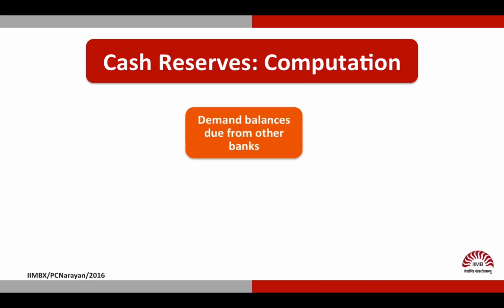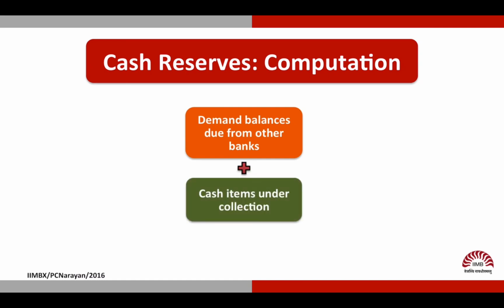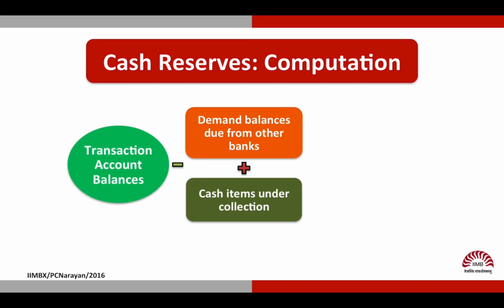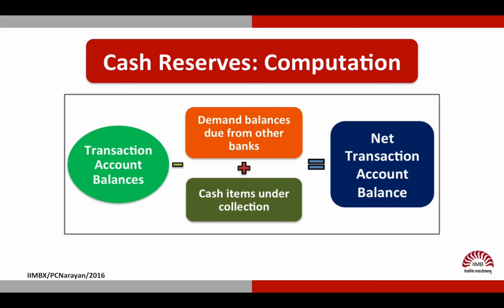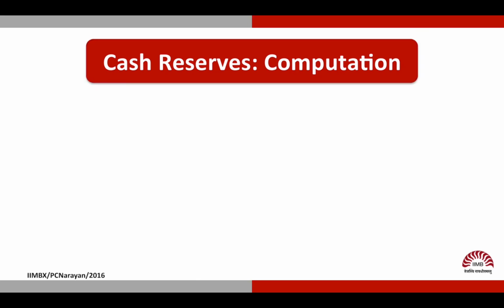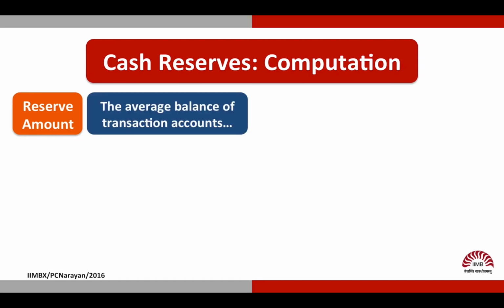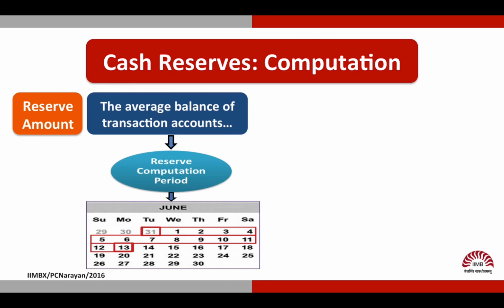The demand balances due from other banks in the system and cash items under collection are subtracted from the transaction account balances before we arrive at the net transaction account balance on which the cash reserve is to be computed. The computation of the reserve amount is based on the average balance of transaction accounts over the entire reserve computation period.